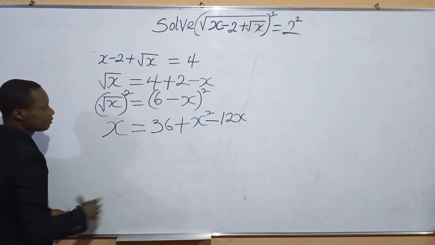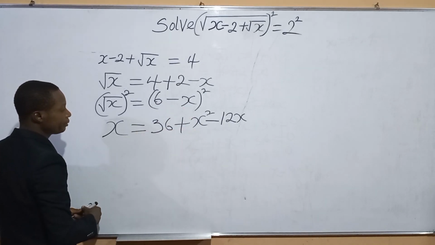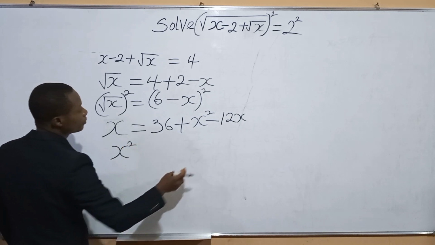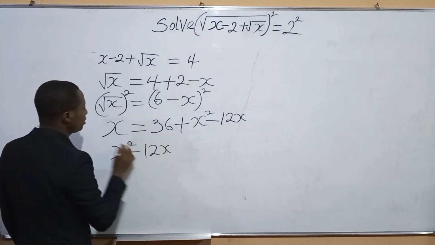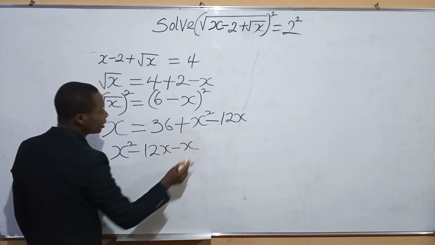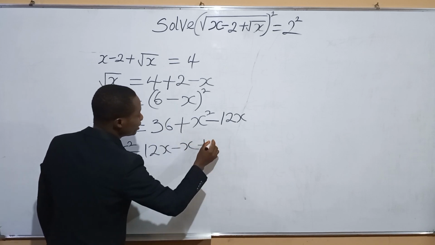Then the next case is for us to bring all the terms together and equate it to 0. So we have our x squared minus 12x. And this is plus x; when it's crossing to this other side, it becomes minus x, which is minus 1x. Then this is plus 36.